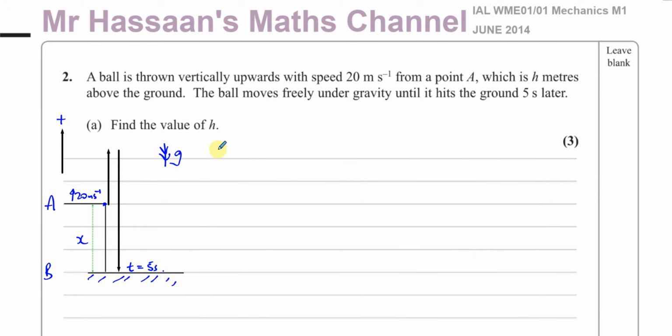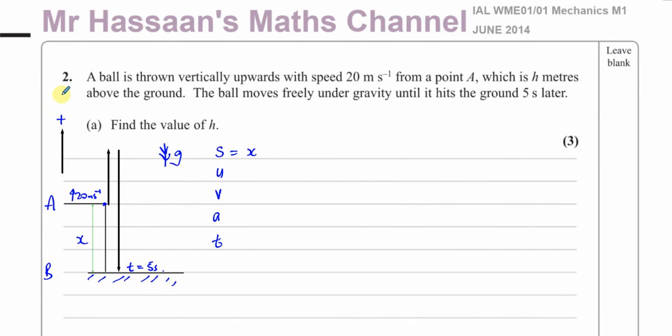Now I'm going to write down the values of displacement, initial velocity, final velocity, acceleration, and time, SUVAT. Now S, okay, X is going to be the displacement from A. I know my value of X is going to be negative because X is below the point that we have taken as our origin.